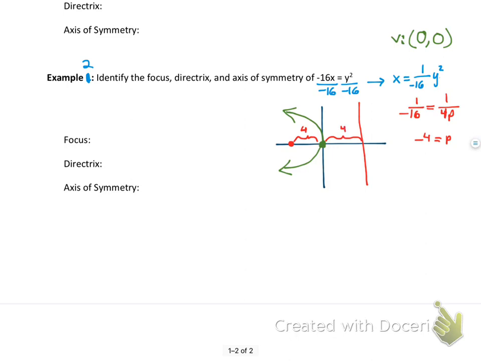Well, that's the point, negative 4, 0. And this is the line, x equals 4. So that's the answer. Negative 4, 0. That's a point, and the directrix is a line, x equals 4. The axis of symmetry is the thing that cuts it in half. So we've got this cutting it in half, which means that that is y equals 0.